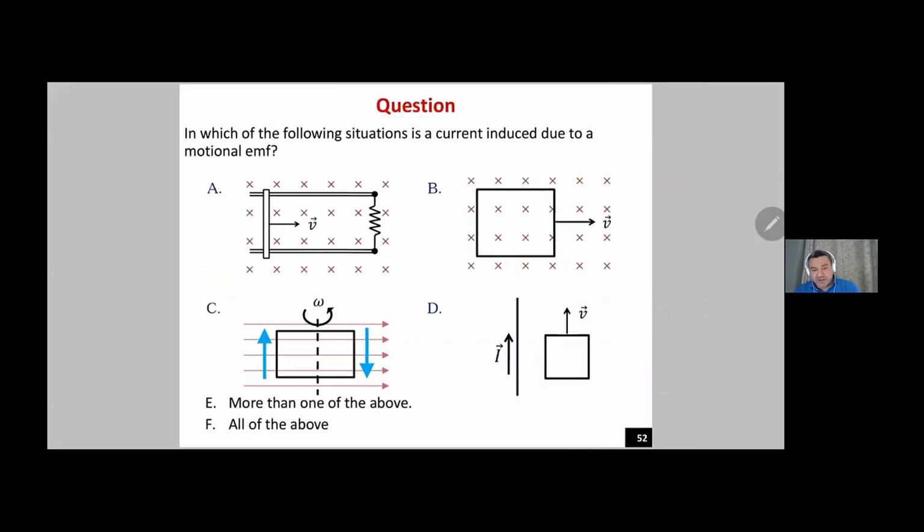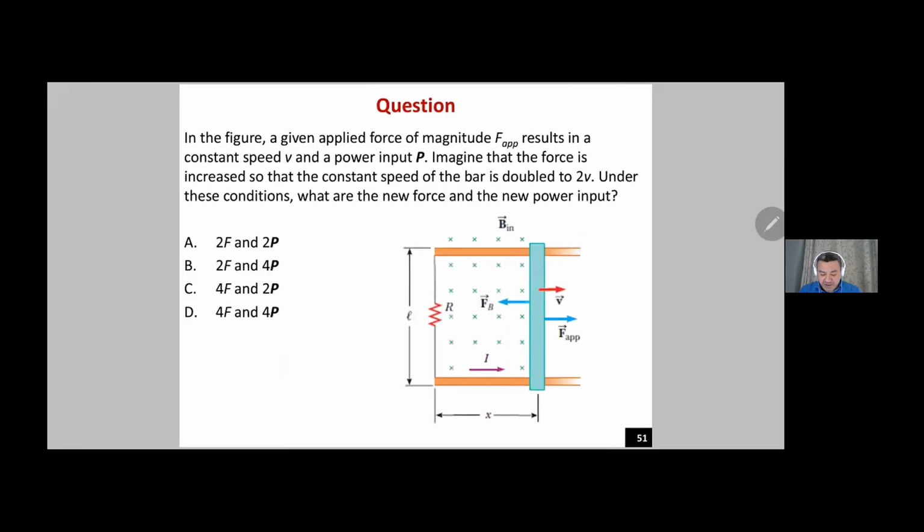Okay. In this question, as you can see, we have 4 cases of loops. What was the answer? It was B. F is linear, will be doubled, and the power will be 4 times.